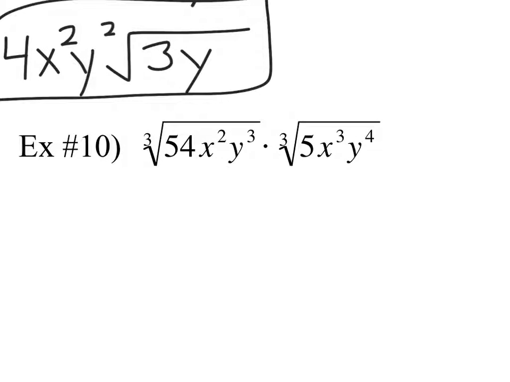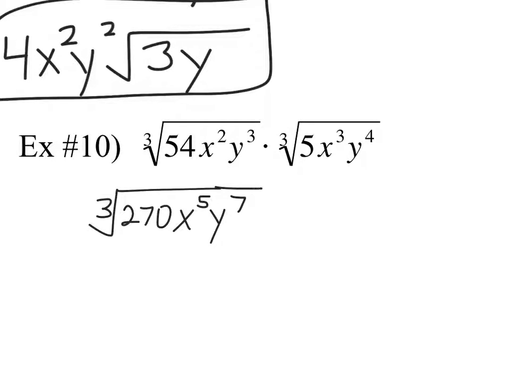Cube roots now. Cube roots. So I've got 54 times 5 is 270. So you got the cube root of 270. And then how many x's do we have? I've got 5. All right, 5, and then y to the 7th. There we go. Okay, now you got to switch gears in your head.